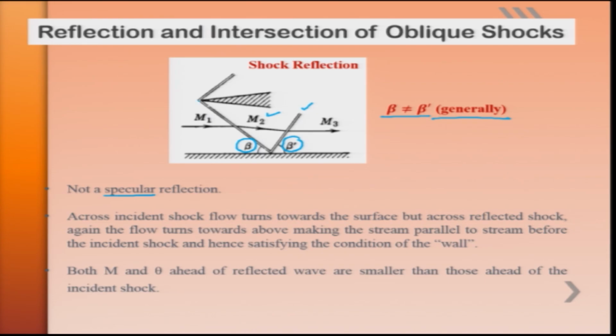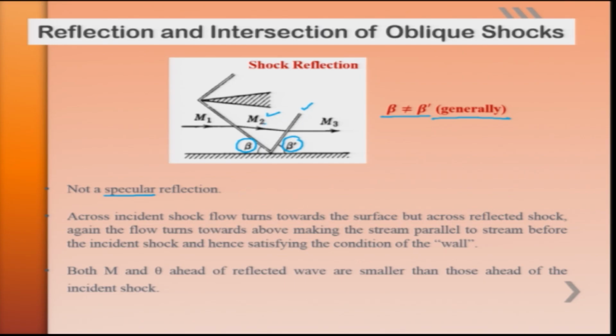Now if we consider this wave as an oblique shock weak in nature, then this m2, we have seen, may still be supersonic, and since this is an oblique shock of weaker strength, this m2 being still supersonic will be good enough to generate this reflected shock wave.